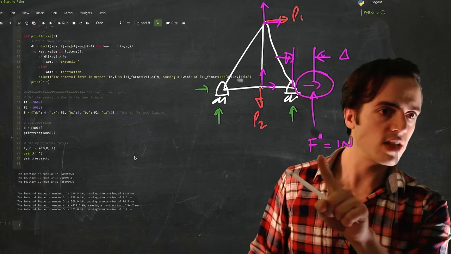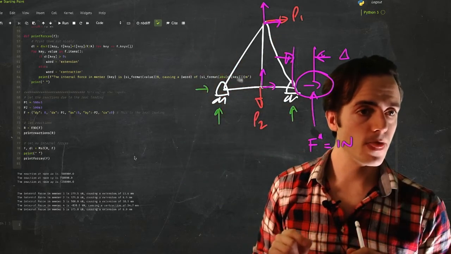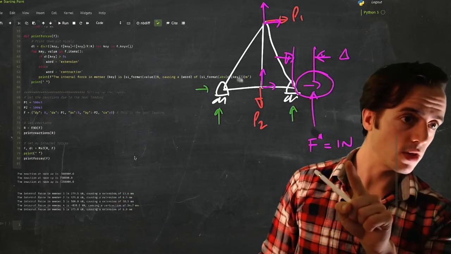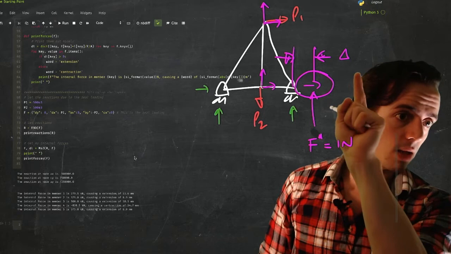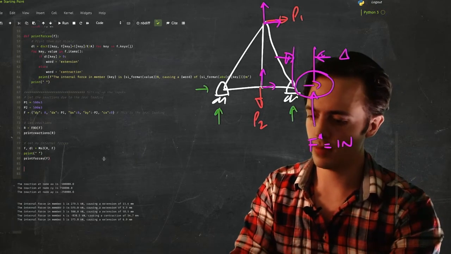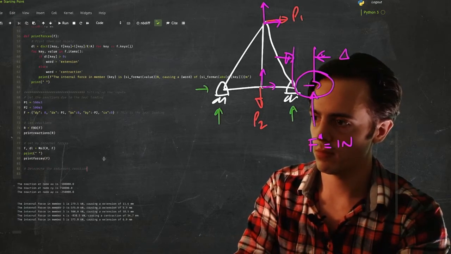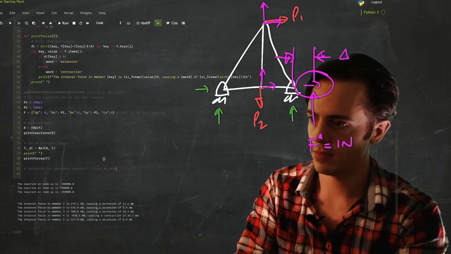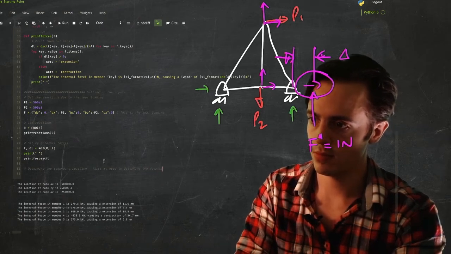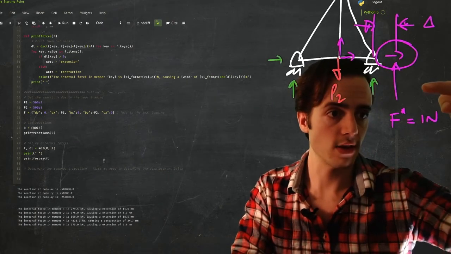Then whatever that 1 Newton force gives in terms of internal virtual forces, when multiplied by the real extensions, which we've just got here, has to be equal to 1 Newton multiplied by this number. And then that gives us delta. So let's go through and do that. So we're going to say this is determine the redundant reaction. Remember, delta is the displacement of the structure if this reaction was equal to 0.